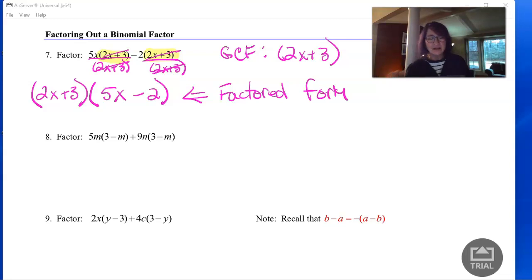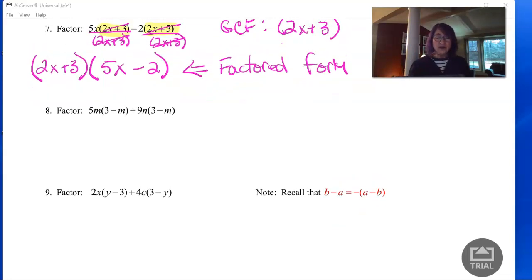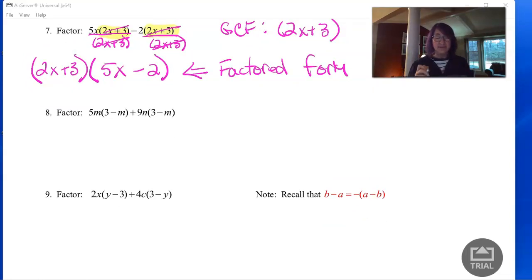Okay, let's look at the next one. Same thing. I've got 3 minus m, which is a factor present in each of those terms. So my GCF for this one is going to be 3 minus m.